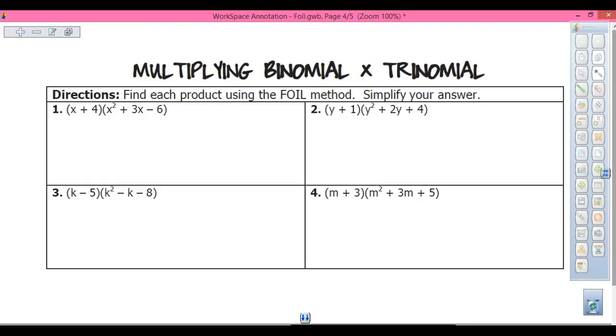So sometimes it's a binomial times a trinomial. Okay? We still do it the exact same way. Okay? We're going to take x and multiply it by everything in it. Okay?